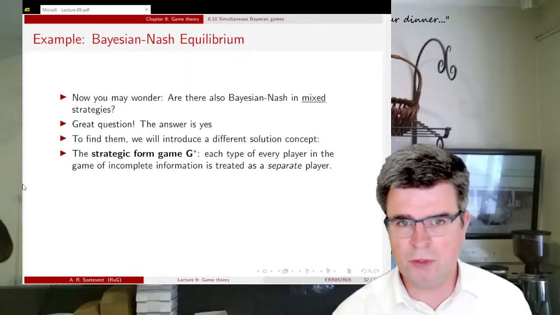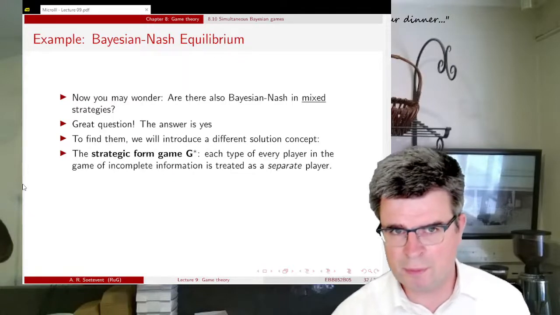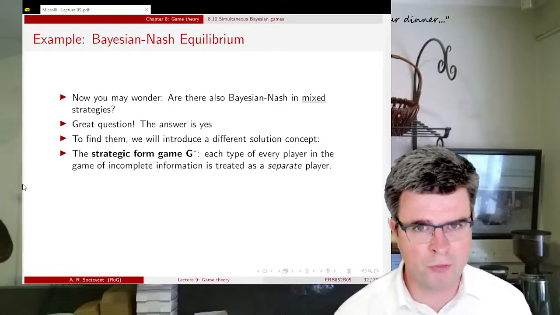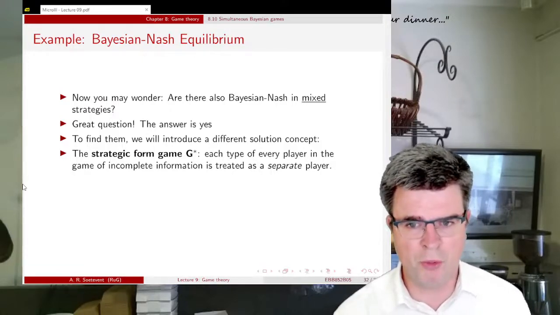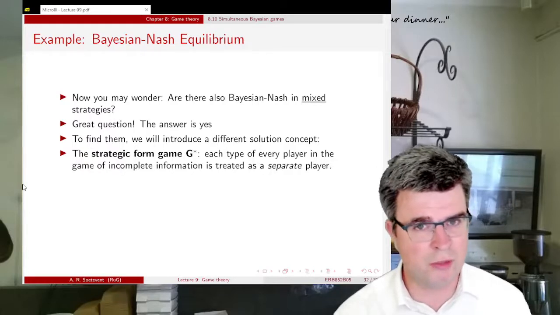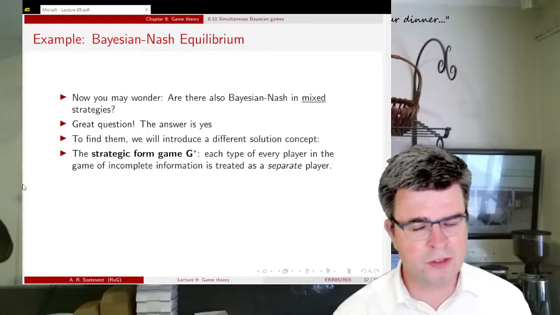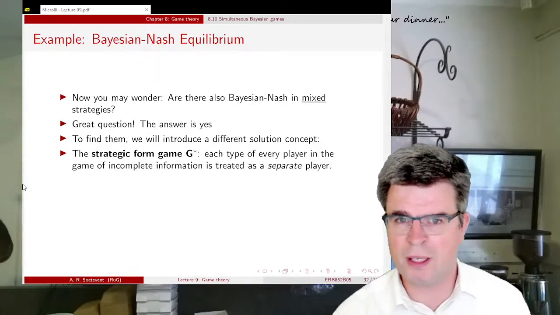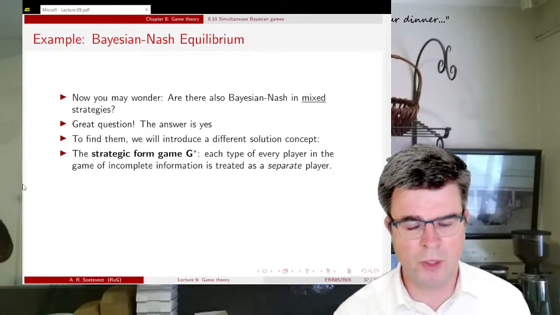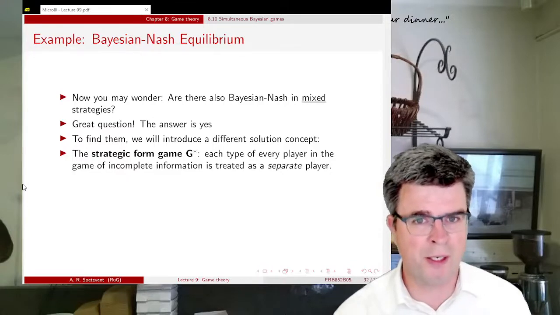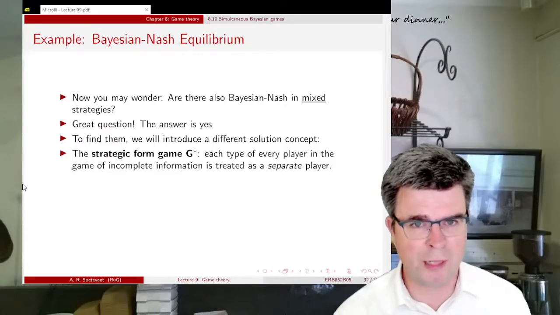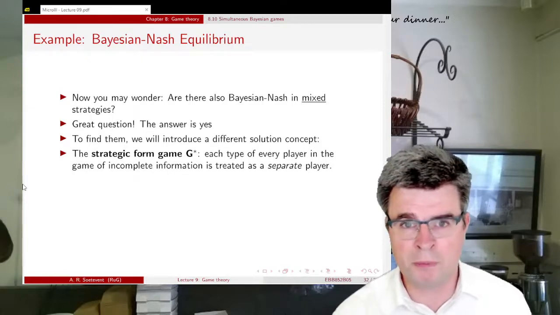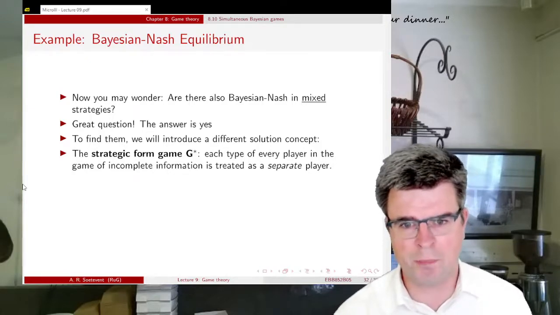So we will introduce a different solution concept, and this solution concept makes use of strategic form games. So we know them by G star. And in the strategic form games, each type of a player is presented as a separate player. So instead of having 2 players, we now have 3 players because each type of player 1 will be represented by a separate player.